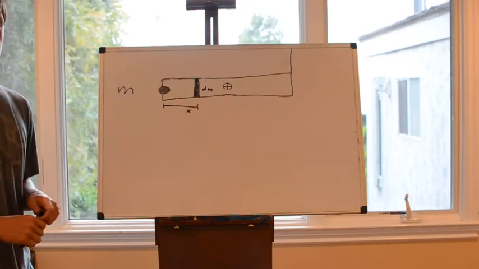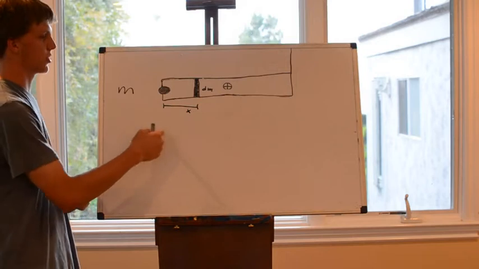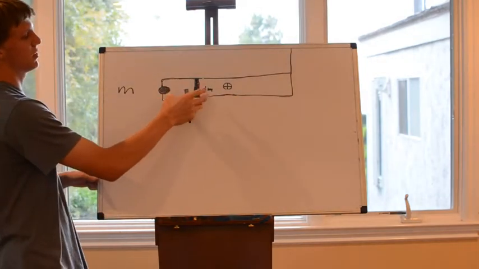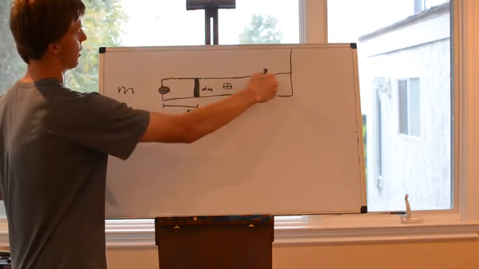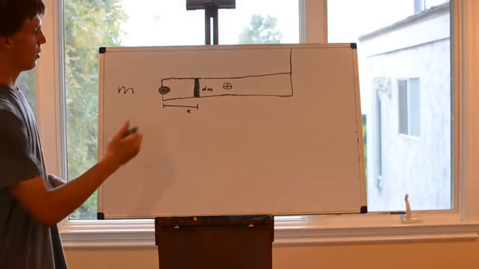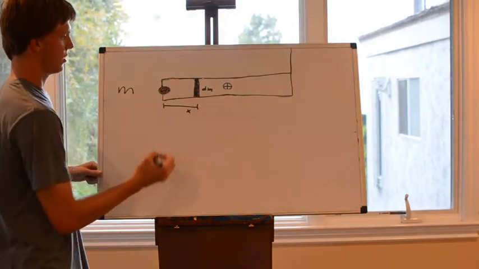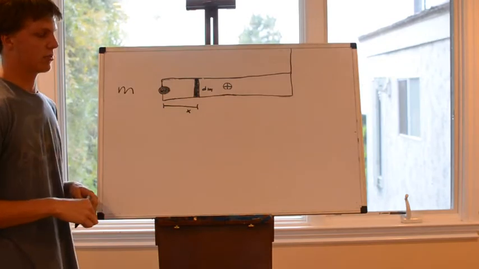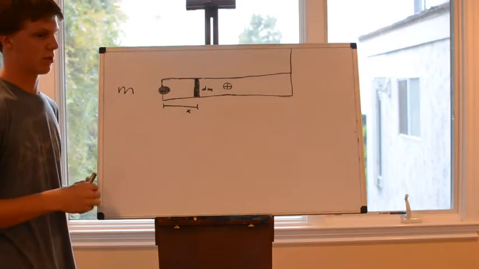Now, when trying to find the rotational inertia of this rod, we have to sum up all these different masses throughout the entire rod, and to do this, we're going to be using integrals. We know that the moment of inertia of an object is mass times radius squared.